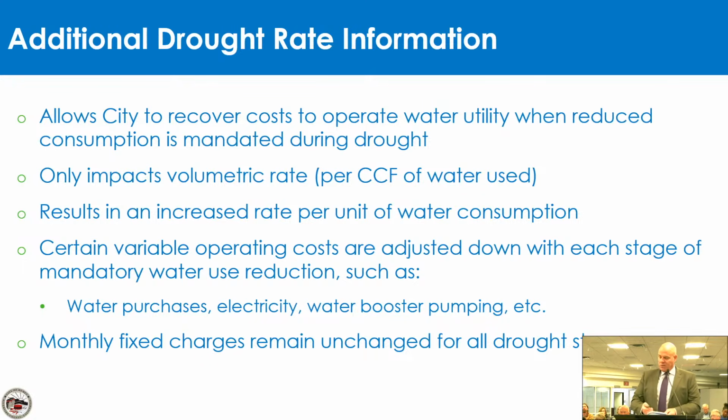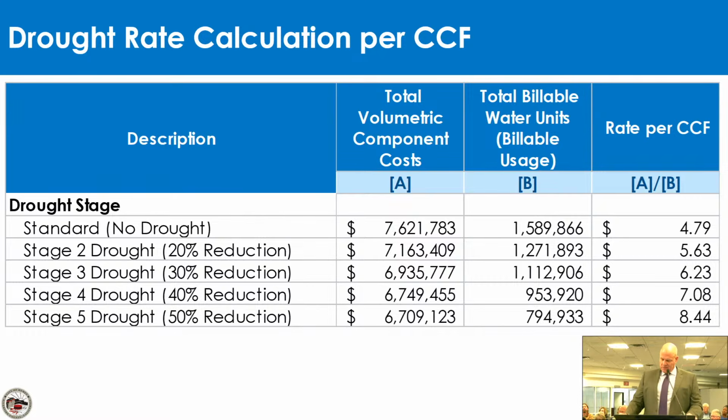So here's what that table of rates looks like. The top line is the standard volumetric rate, the same $4.79 that we looked at when we looked at the table of water rates. The first column, A, is the total cost related to volumetric water use. The second column, B, is the number of water units that are sold.